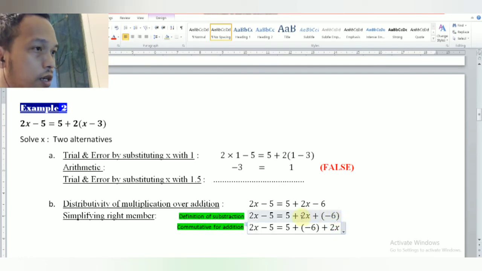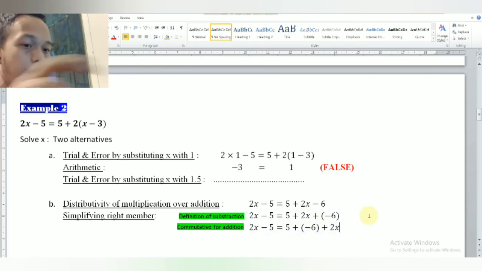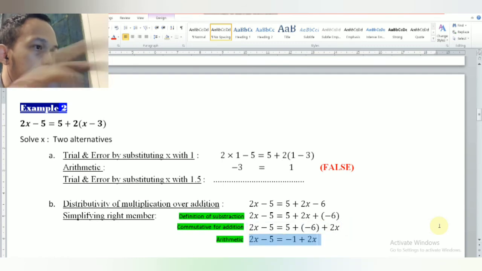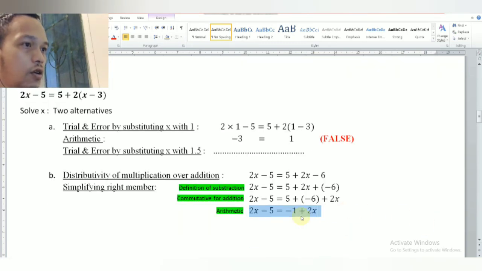I commute the second and the third term of your right member. And then I do the arithmetic, since 5 plus negative 6 can be calculated. So I have this as my next statement.